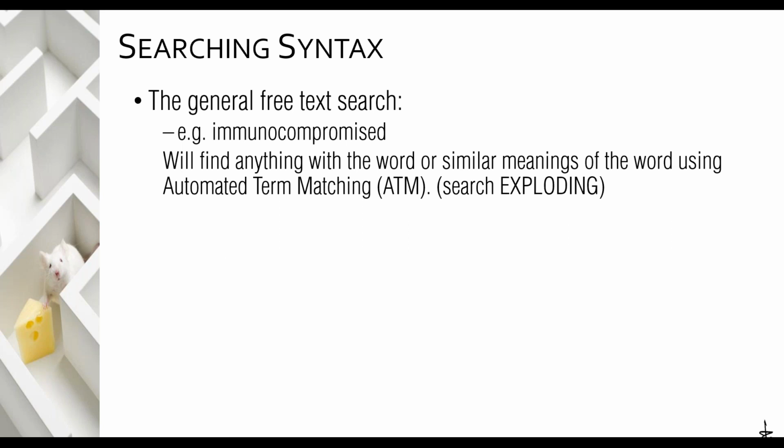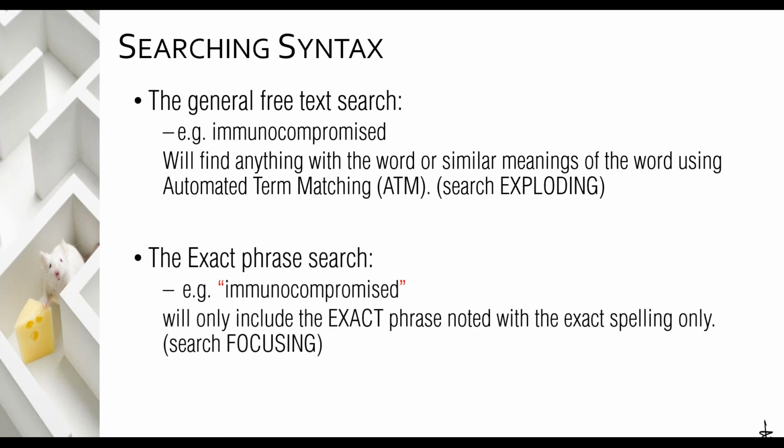So if anything matches the term or is of slightly different spelling, it will take it into account. Now, the problem is when you do this, you're going to miss some studies that are important, and you're going to get a ton of information that is not important. So it explodes your search if you just do a general free text searching.